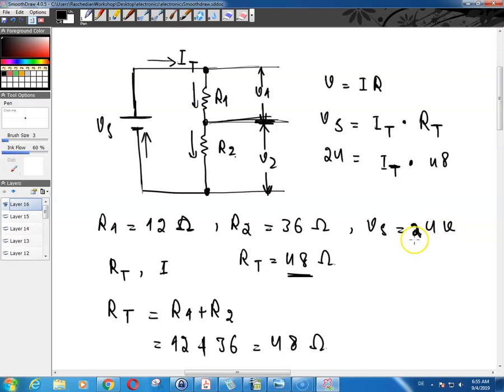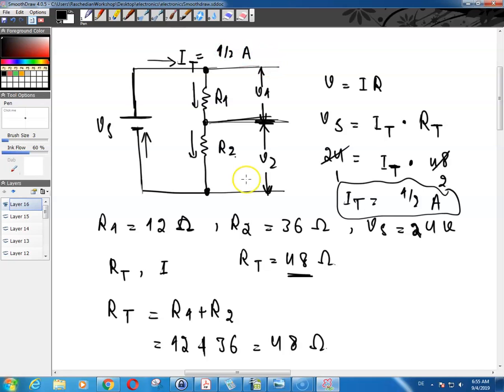You need to make sure that all of these are in ohms and volts and not in some other unit, so that you get the right result for your current. So this becomes 1, this becomes 2. That means that I of T is equal to 1/2 amps. This current going over here is 1/2 amps.